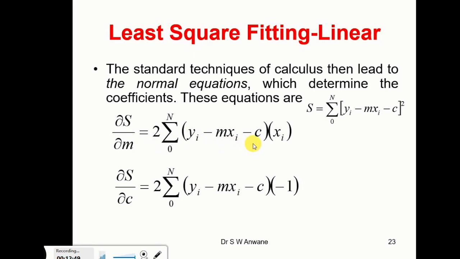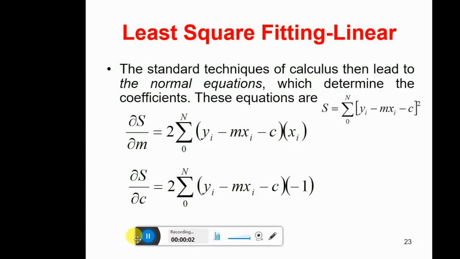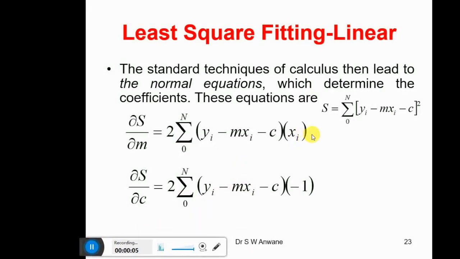Now friends, the derivative of the function S with respect to m here should have been minus xi: 2 into the function raised to 2 minus 1, that is 1, into the derivative of the function with respect to m, which is minus xi. Here there should be a minus sign, but that is not going to bother us much because it will vanish when compared with 0.